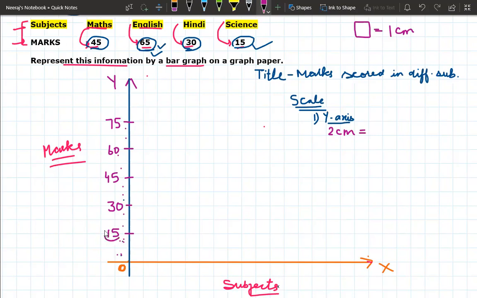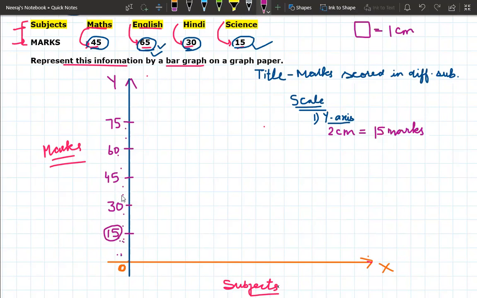Here you are getting 15 marks. Here the 2 centimeters is giving you 15 marks. How? Because every time you are leaving 2 boxes and it is giving you a gap of 15 marks. 2 centimeters means there are 15 marks between these two number marks.